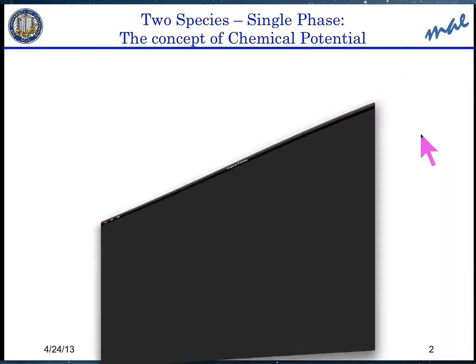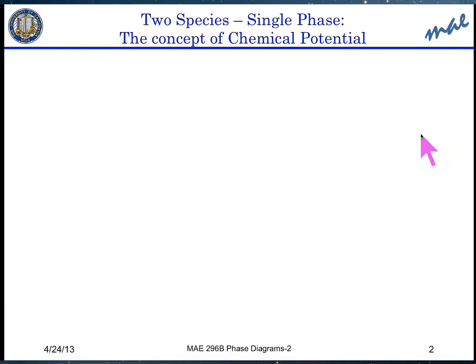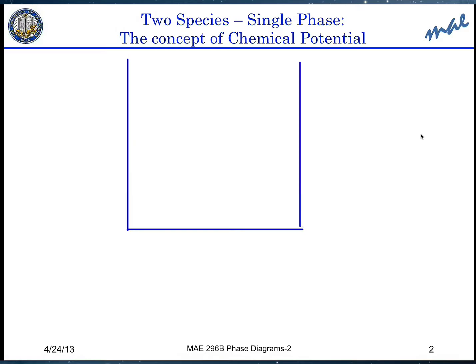So let's do that. In here I have a particular graph, and on this side will be the Gibbs energy, and on this side will be the concentration of B. So we're going to limit B from 0 to 1.